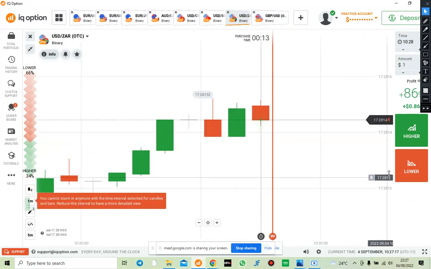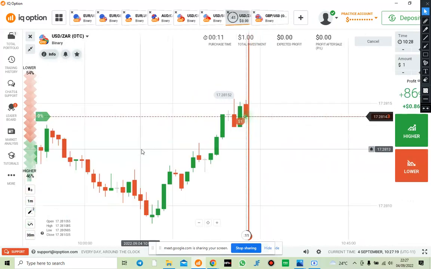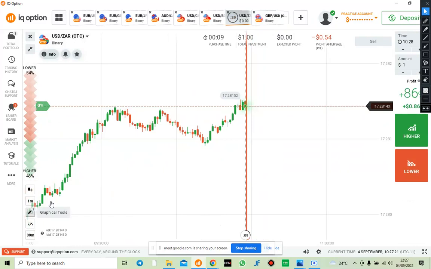Okay, see that it's reversing here. But let's see if this is a key level or not.